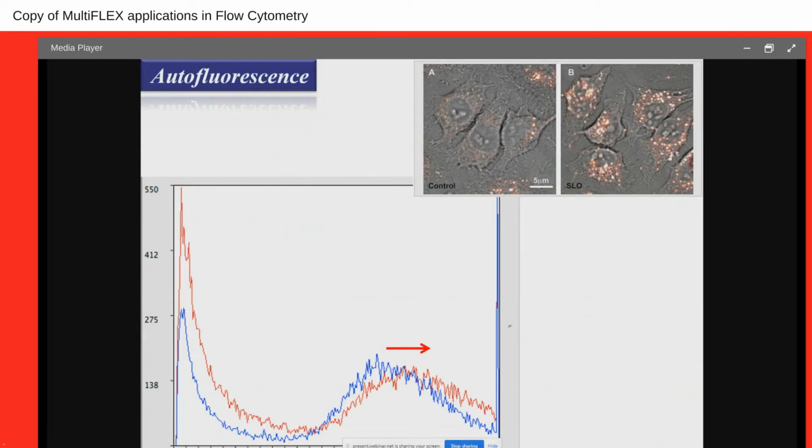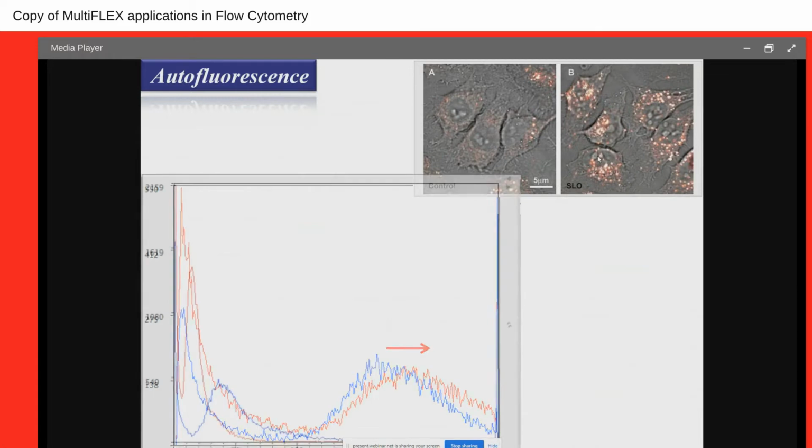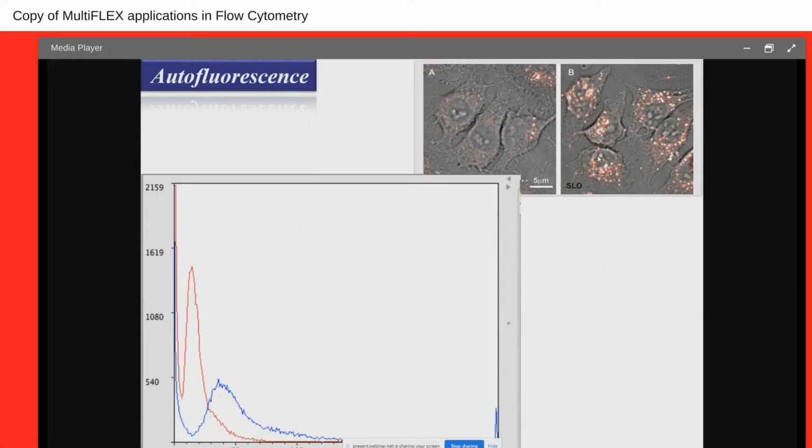This one looks far more complex than this one. So one of the things we cannot forget is that these changes in the formation of my cells will affect my side scatter as well. Side scatter is a good way of looking at physiological and morphological changes in my cell. And you can see there, it's clearly showing that increase in my side scatter when we have these events inside my cells.